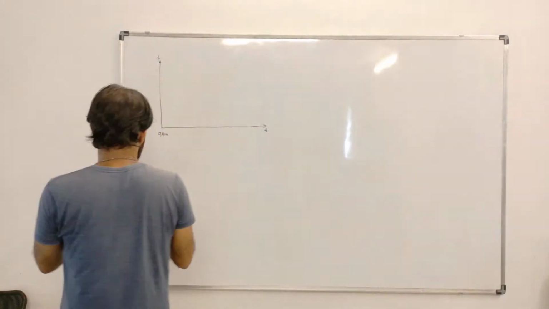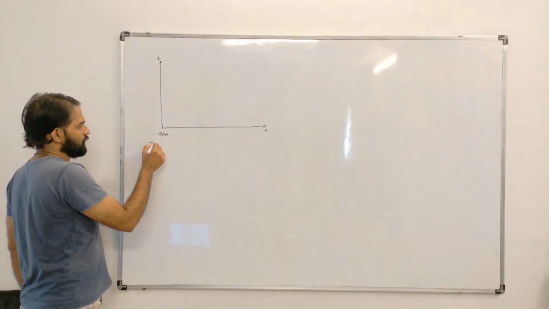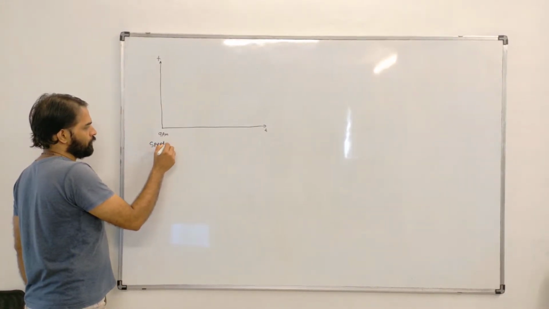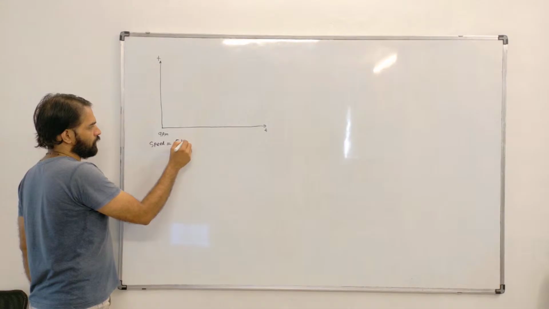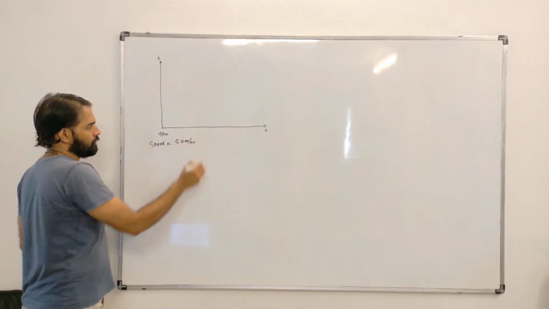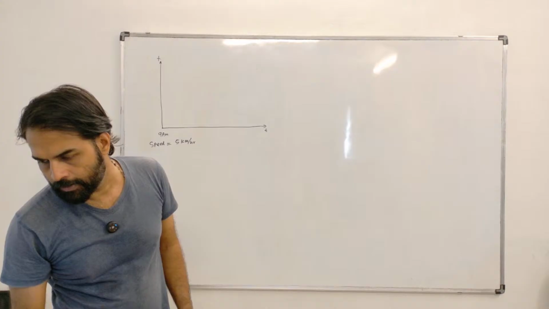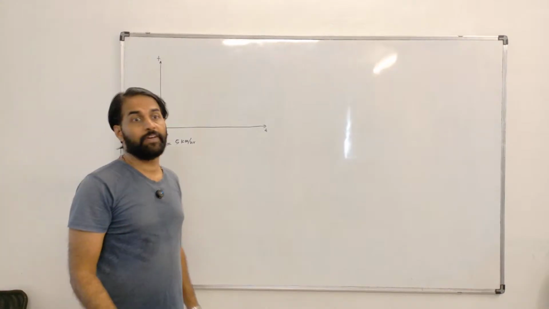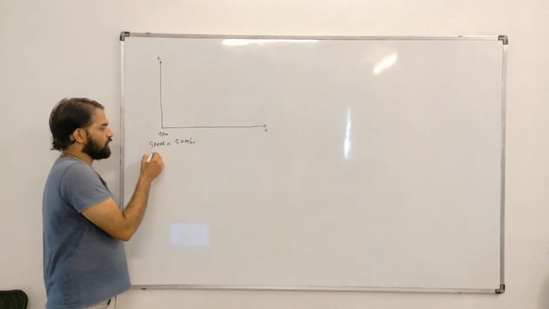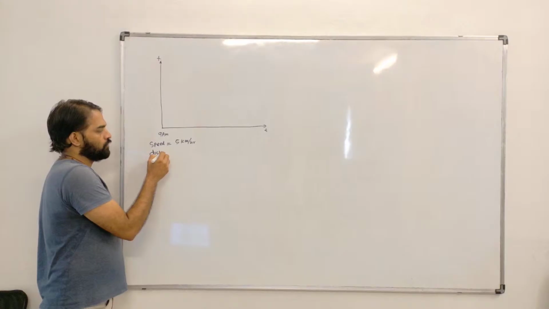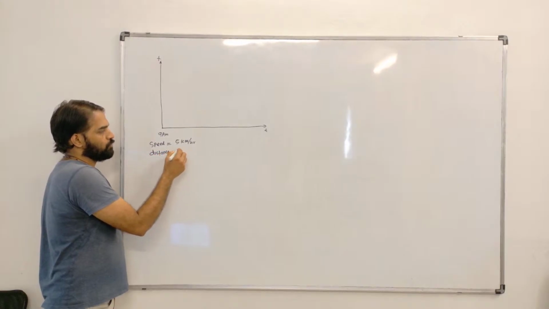So the speed she has is 5 km per hour, and the office is on a straight road 2.5 kilometers away. So the distance to be traveled is 2.5 kilometers.